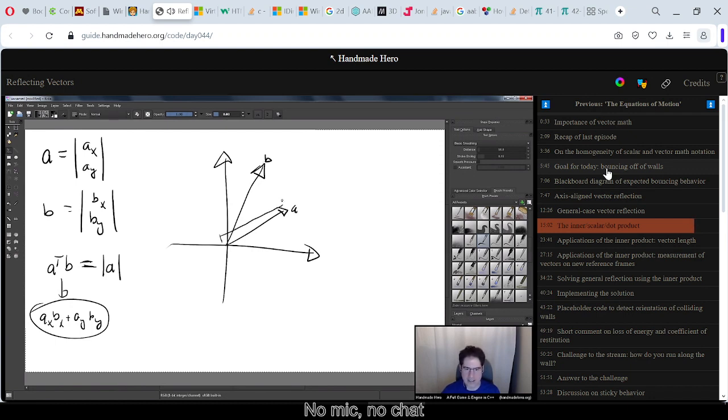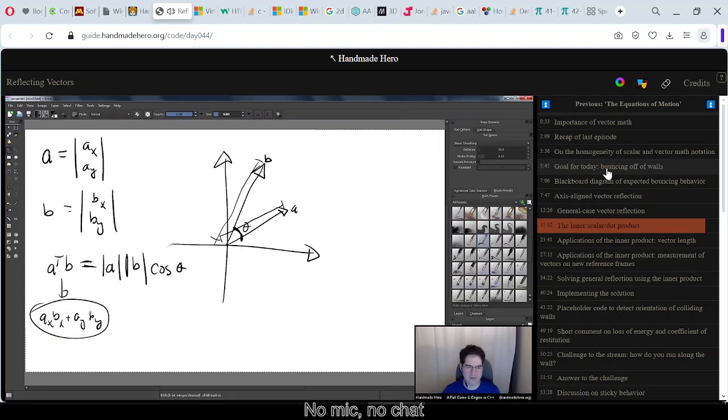However long A is, scalar-wise, times however long B is, scalar-wise, times the cosine of the angle between them. Let's call that angle theta. Whatever the cosine of the angle between the two vectors is, times the length of B times the length of A, that equals this quantity.